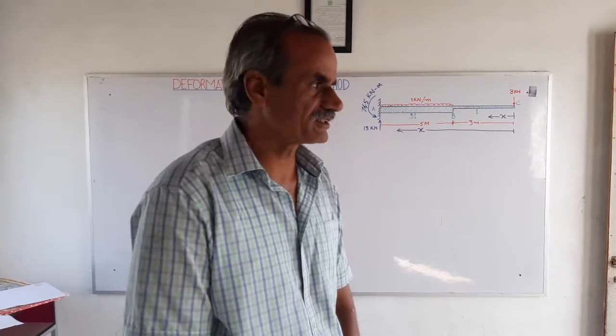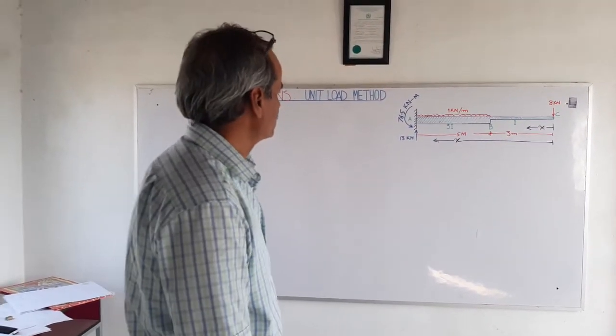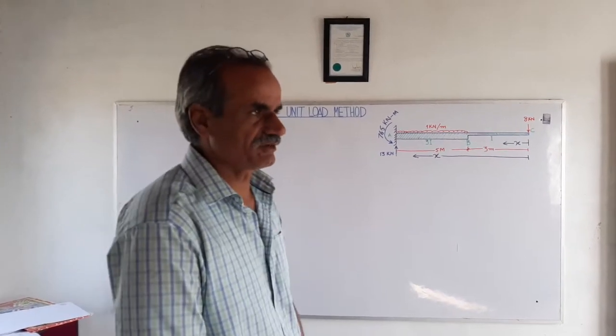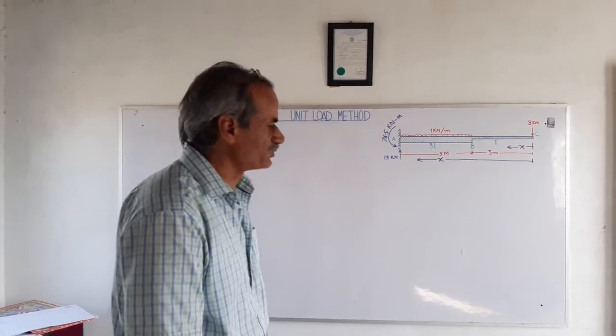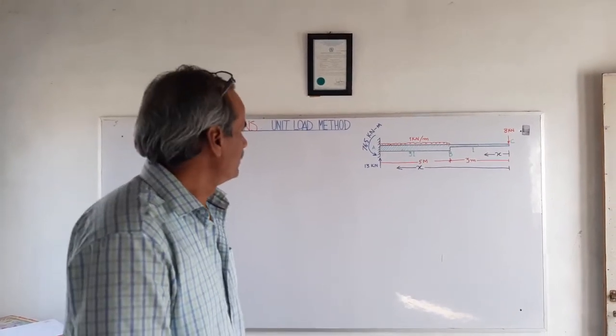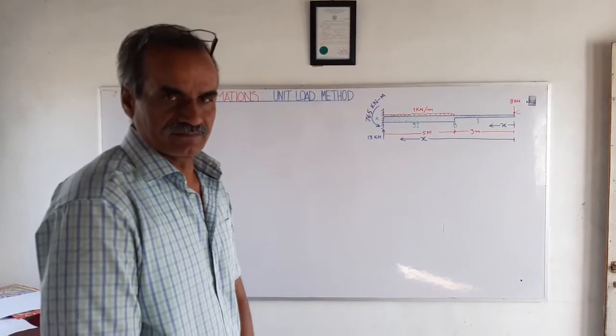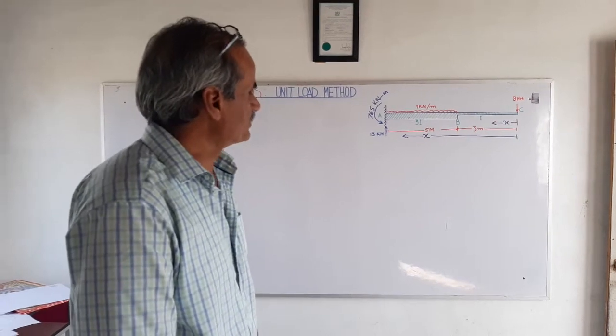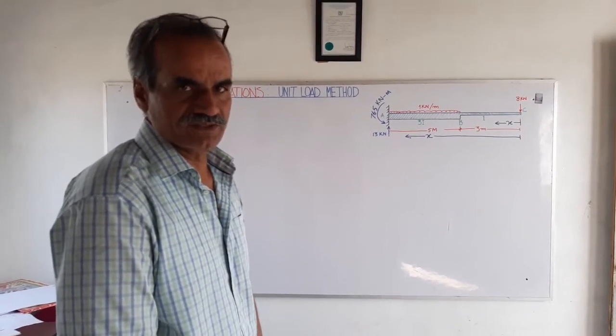So I have chosen this cantilever which has 8 meters of span. The initial 5 meters near the support are deeper and have a 3 times greater moment of inertia as compared to the 3 meters towards the free end.